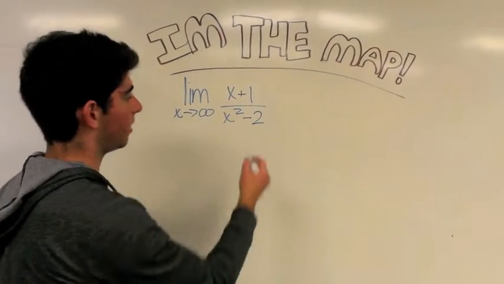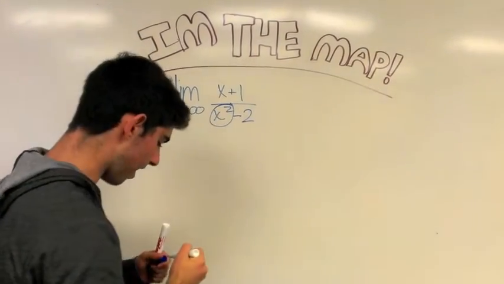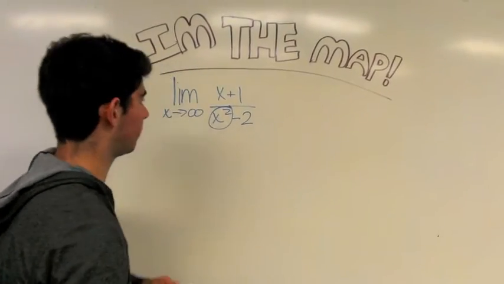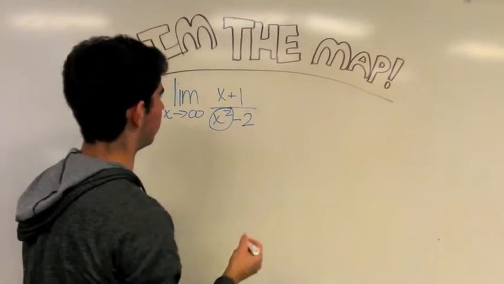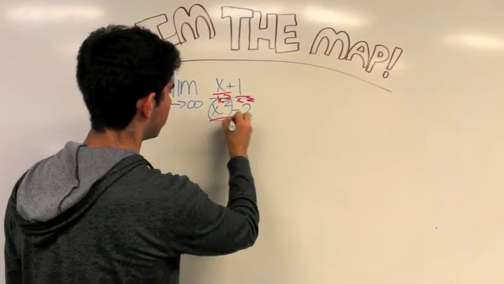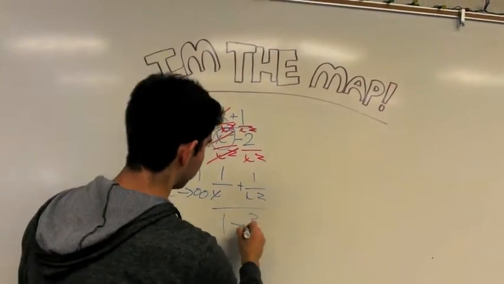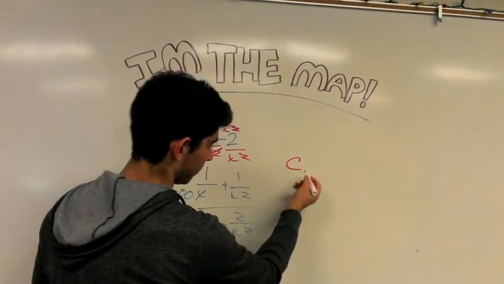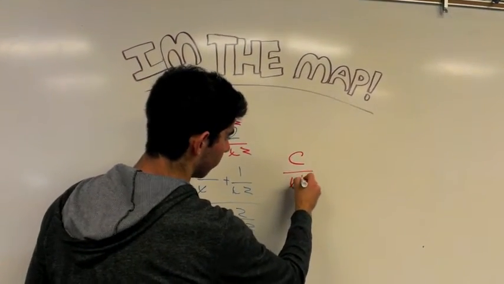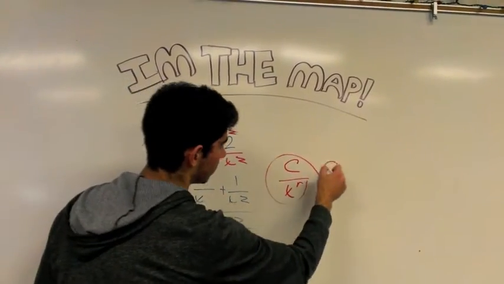Divide every term in the function by the highest power of x in the denominator. So here, it's x squared. So you divide every term by x squared. When you have a constant, c, over x to a power, any power, r, then this whole thing becomes 0.